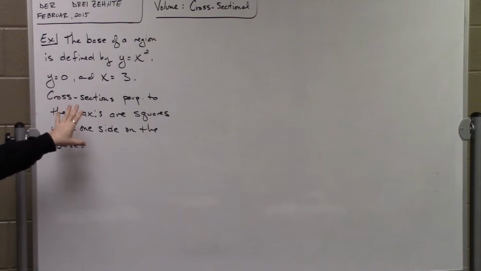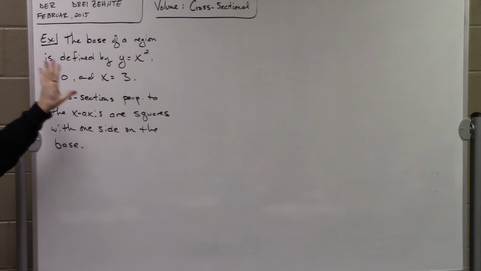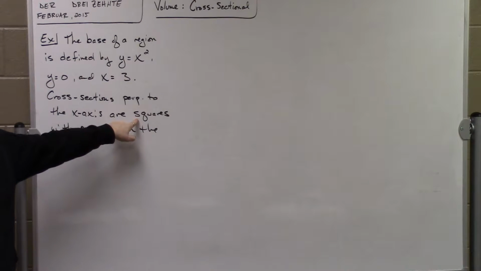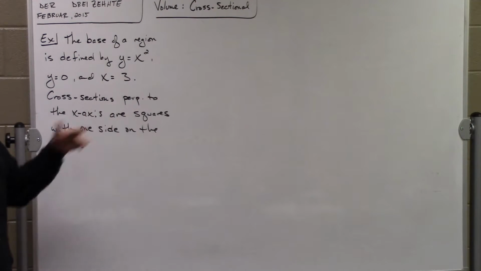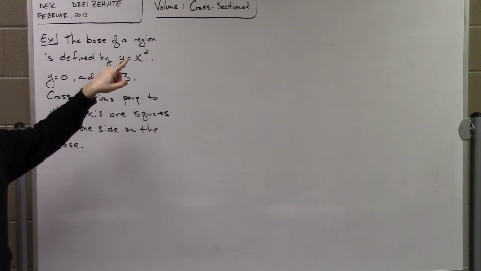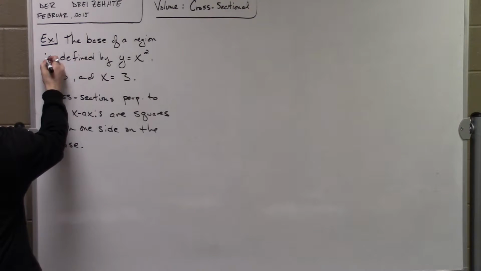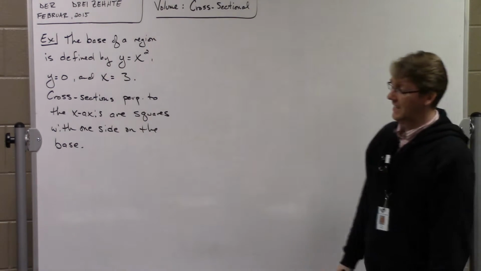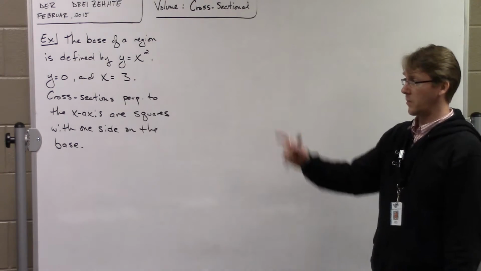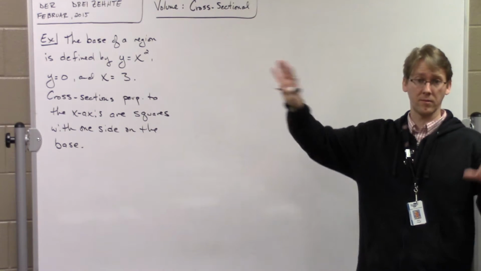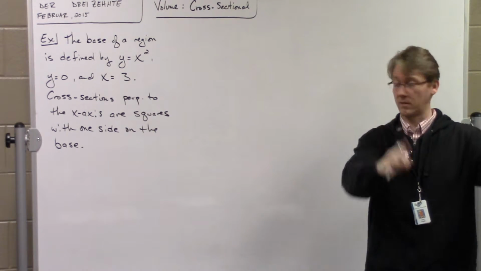When we slice this object, each of the slices is going to be the exact same shape, squares. The difference is that each of those squares is going to be a different size because of how it fits on this region. So I would suggest drawing a picture if they don't give it to you, and 99% of the time with these problems, they have drawn the picture for you. So they've gone ahead and graphed the region and said, here it is.